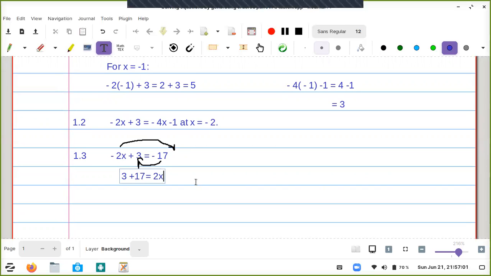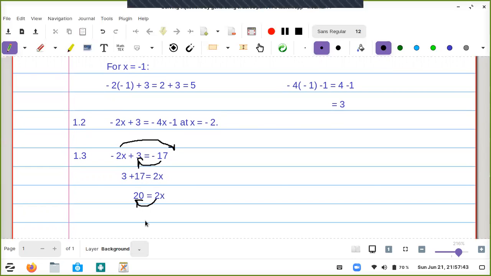Then from there, I simplify my left-hand side, which is equal to what? That's 20 equals 2x. There's nothing to simplify on the right-hand side. Then I am just going to transpose 2. By transposing 2, 2 is just part of the term, and we can see that 2 is multiplying x.